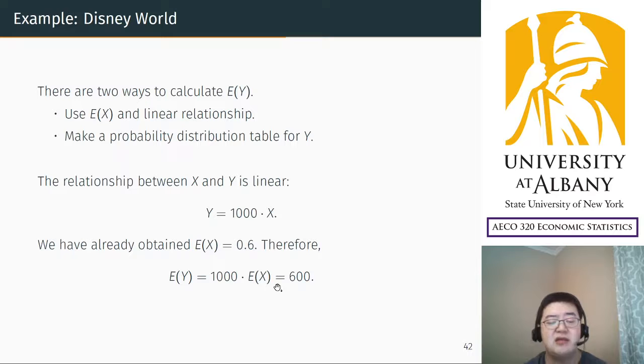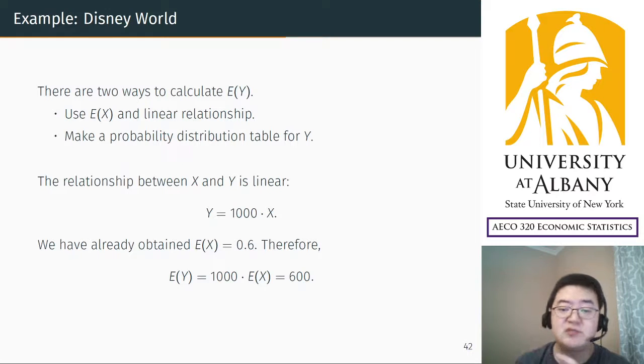And it makes sense. So for each trip, it costs $1,000, but I expected 0.6 trips. So one trip $1,000, then 0.6 trips equals $600. So that's the expected total spending.